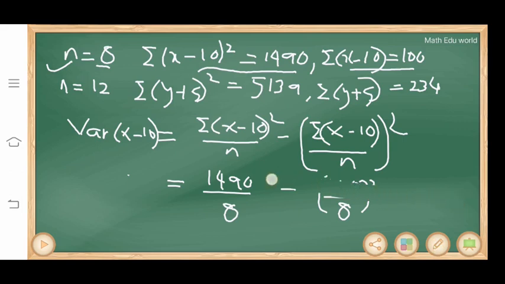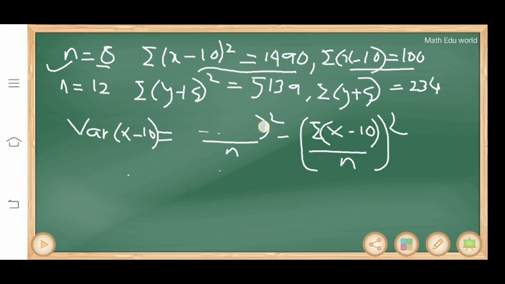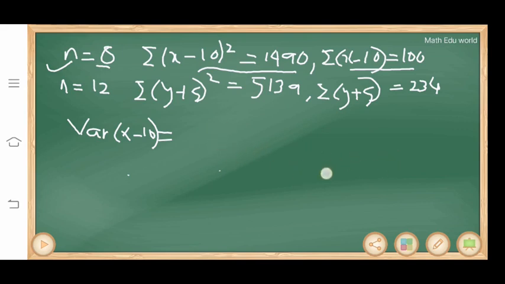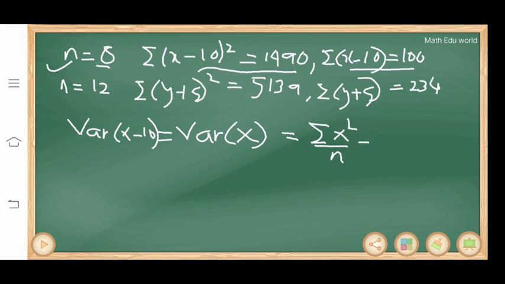Now, do we have any connection between the variance of x and the variance of x minus 10? Yes, the variance of x minus 10 is the same as the variance of x, which is sigma x squared by n minus (sigma x by n) the whole squared. And we found this answer as 30.